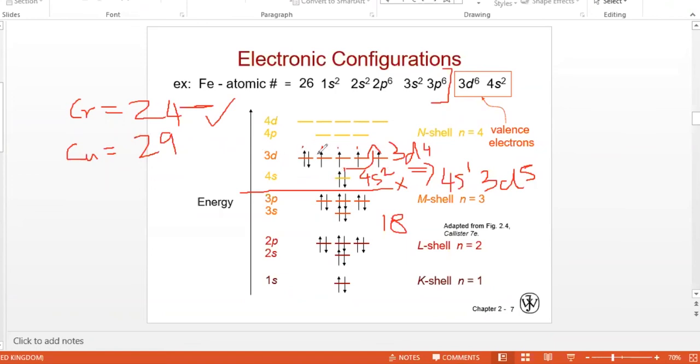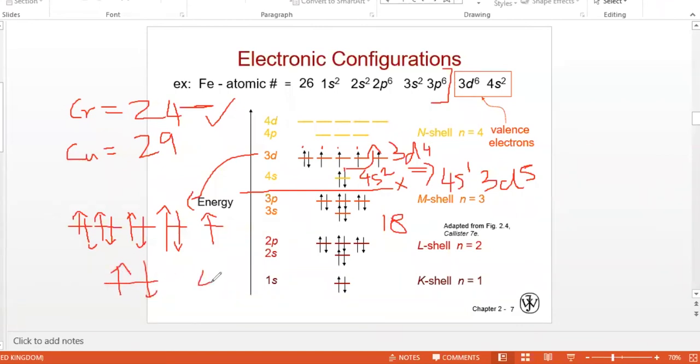So I will fill 1, 2, 3, 4, 5, 6, 7, 8, 9. This 3d orbital should appear like this, but the 4s orbital should appear like this. A similar thing happens in the case of Cu also.